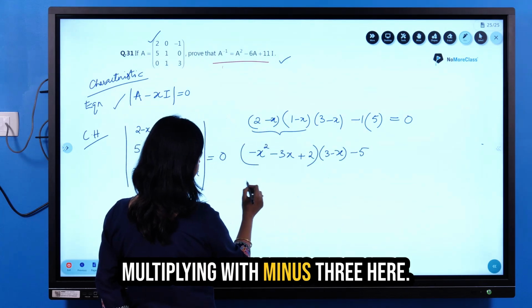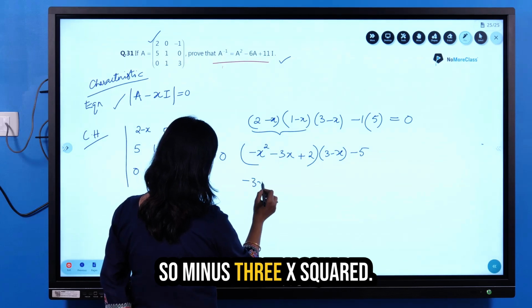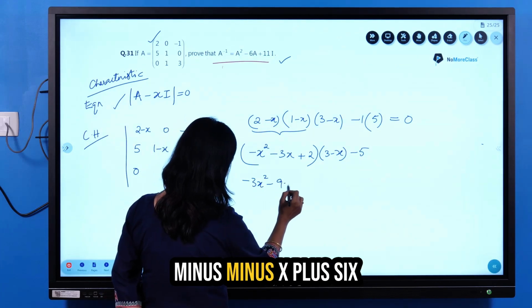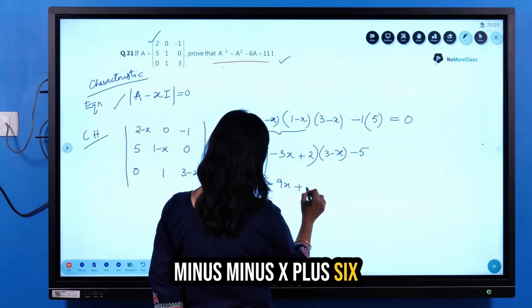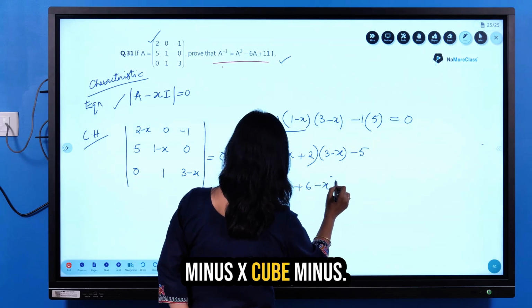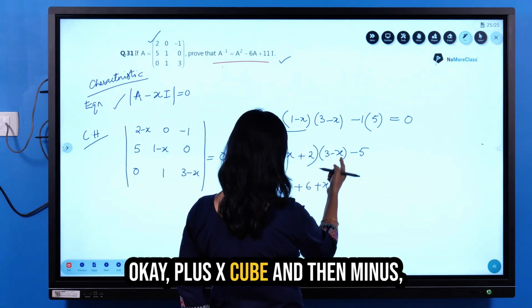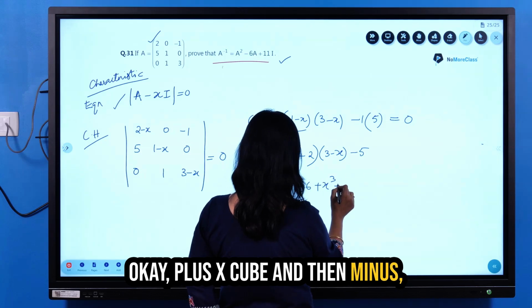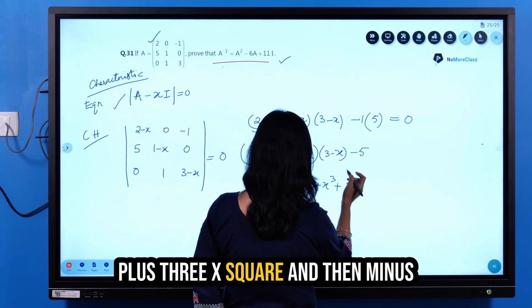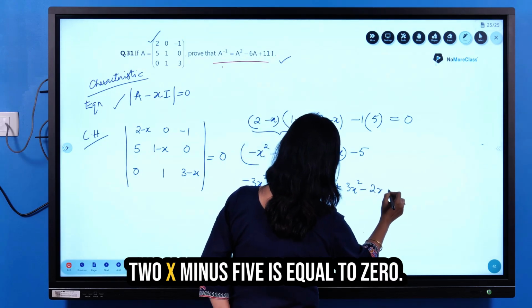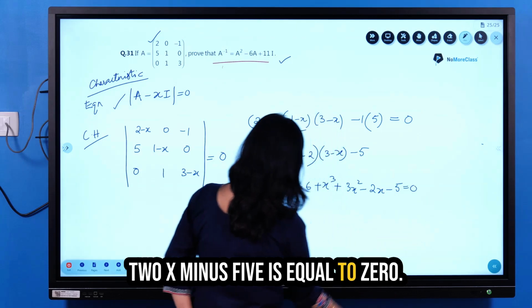Multiplying with minus 3 here: minus 3x square minus 9x plus 6, minus x cube plus 3x square, and then minus 2x minus 5 is equal to 0.